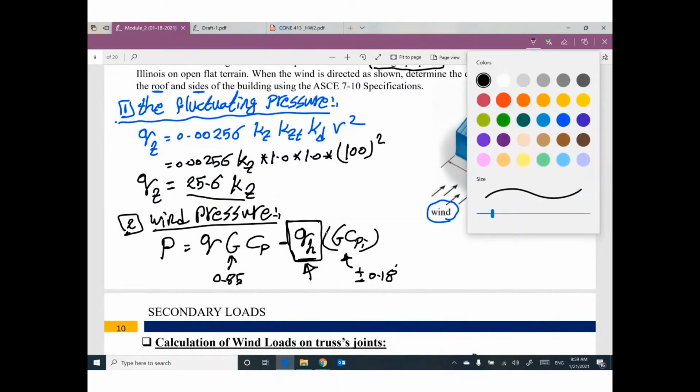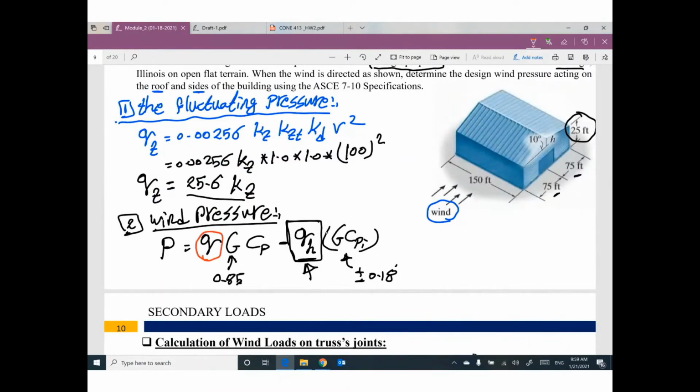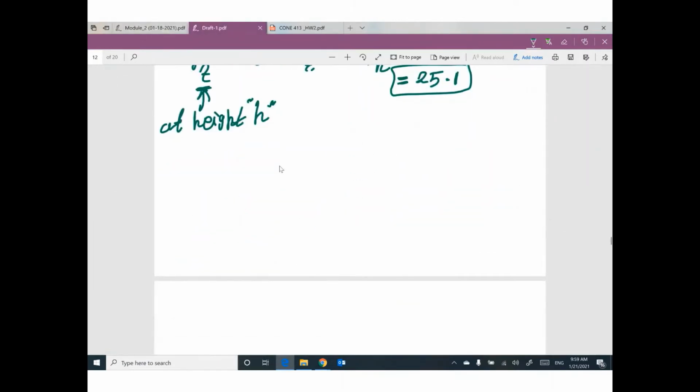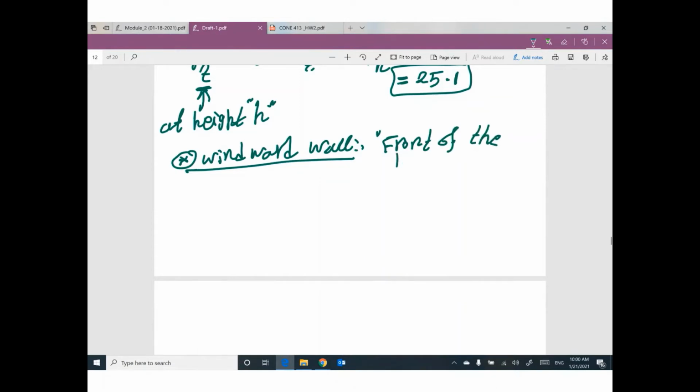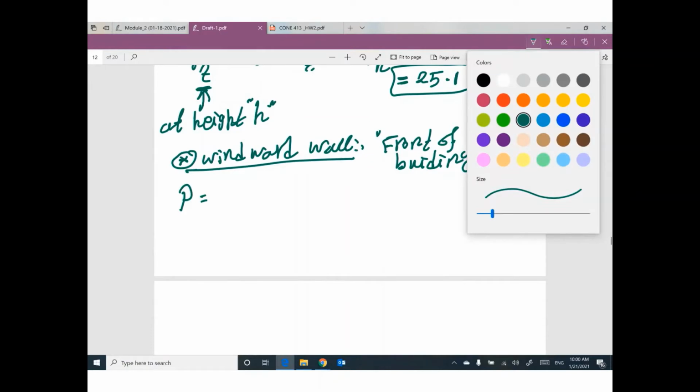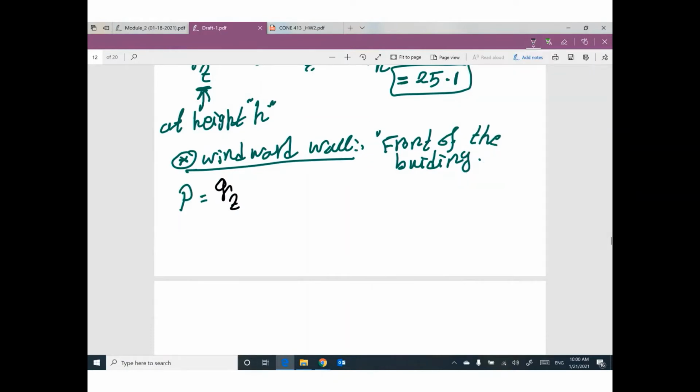I'm still looking for the value of CP. It depends. If you are looking for the windward wall, which is the front of the building, I can say P, the pressure of the wind, equals QZ times 0.85 times CP.